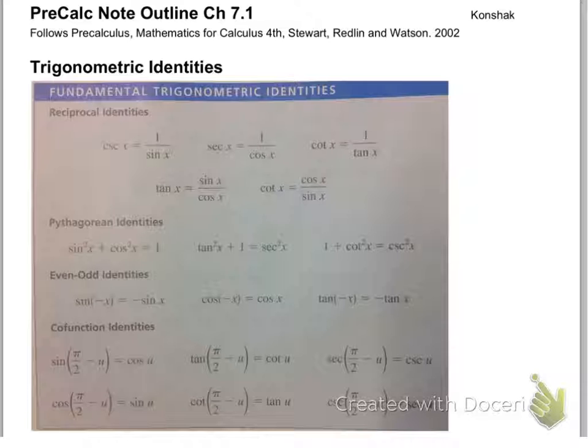If u was 50 degrees, then the cosine of 50 is the same thing as sine of 40. Now we have more things that we can interchange when we want to.